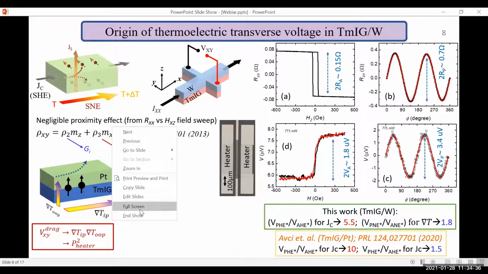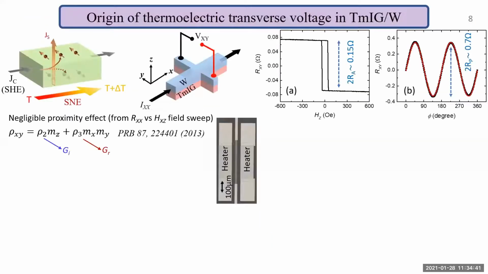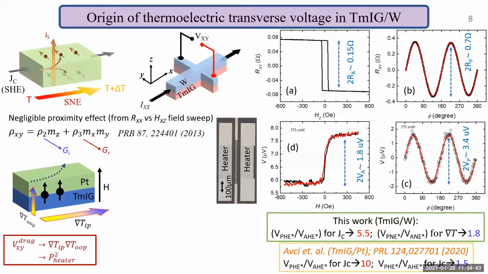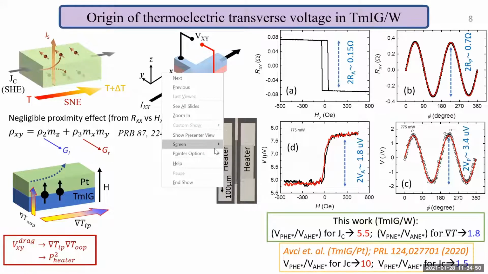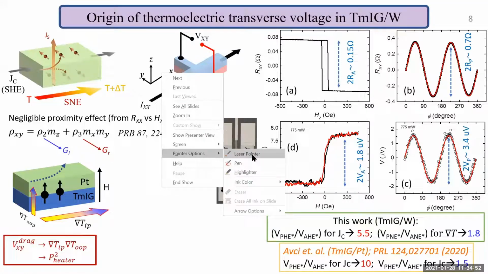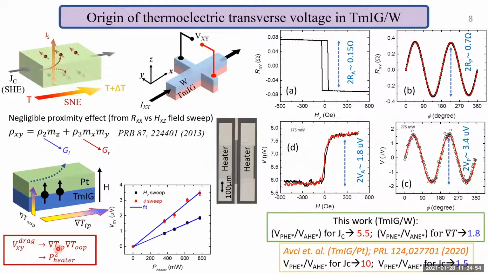So we should expect that the transverse voltage should depend on the square of the heater power. But for this experiment, we see a very linear dependence on the heater power. So we believe that this spin drag model is not 100% correct. There has to be something else.